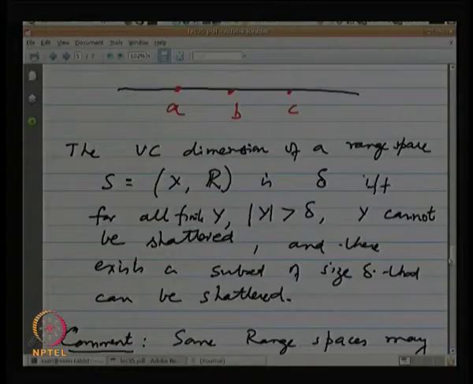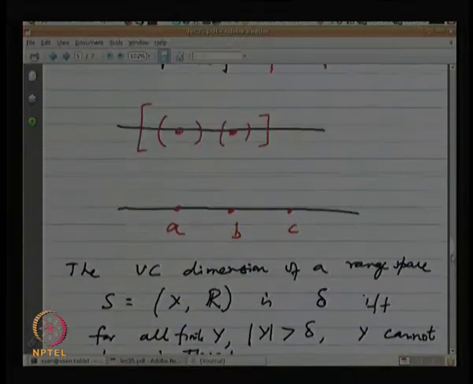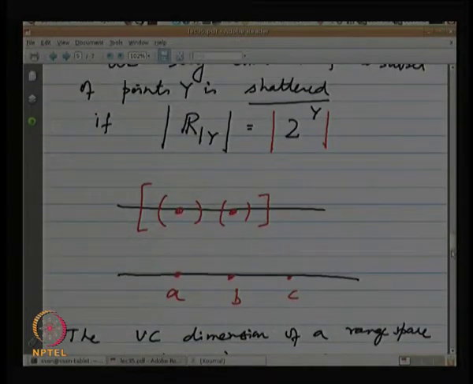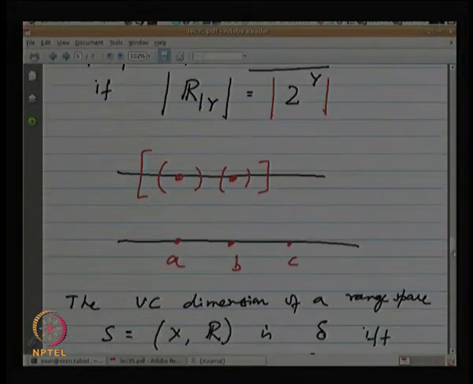And we saw a simple example like intervals and points in the line, where you can't shatter a set of 3 points, because you can never include the 2 boundary points and not include the internal points. You can't shatter a set of 3 points in a line using intervals, right?